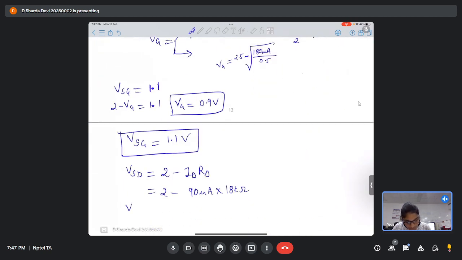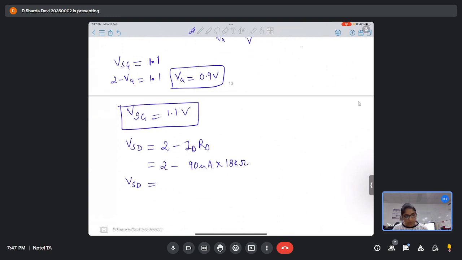So how much is the VSD? Is it 0.38? Yes, 0.38 volts.